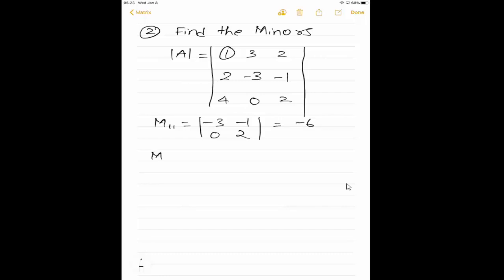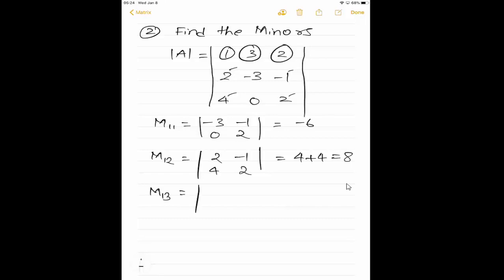Then M of 1, 2, this one. Then 2, minus 1, 4, 2, that is these 4 elements, which is equal to 4 plus 4, 8. Then M of 1, 3, for the third element, first row third element, the remaining elements are this one.